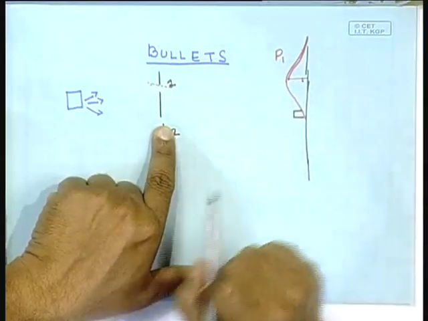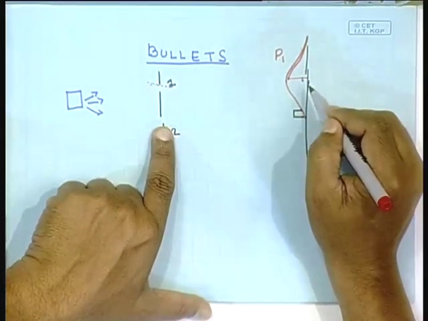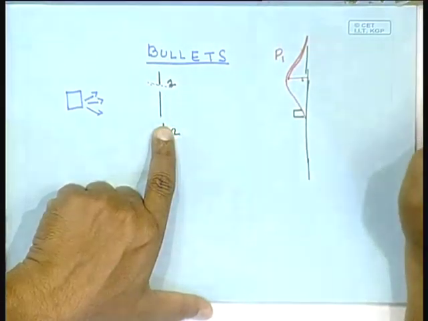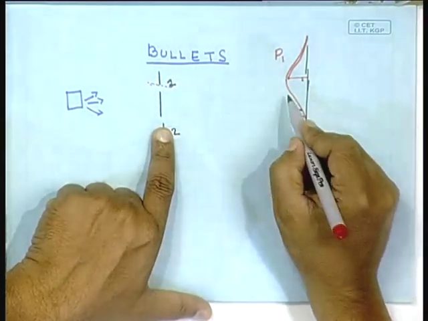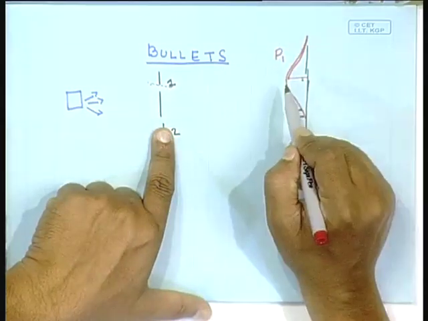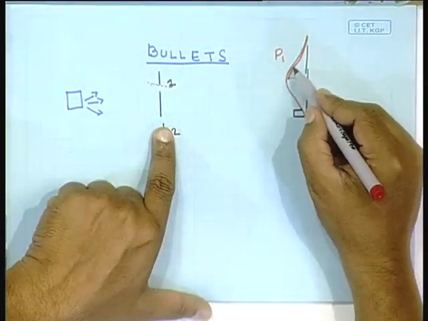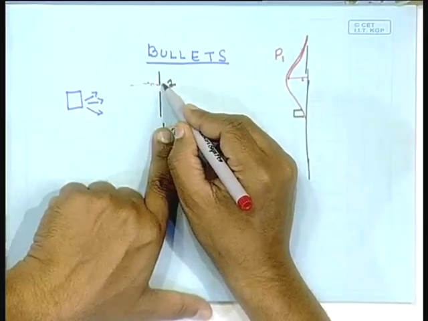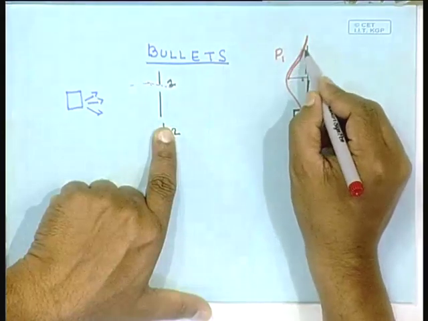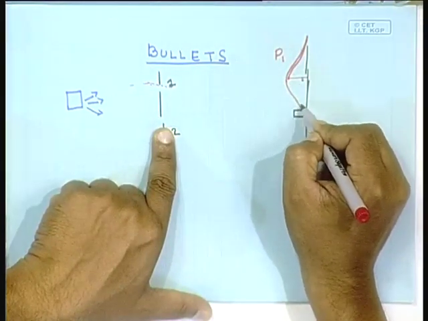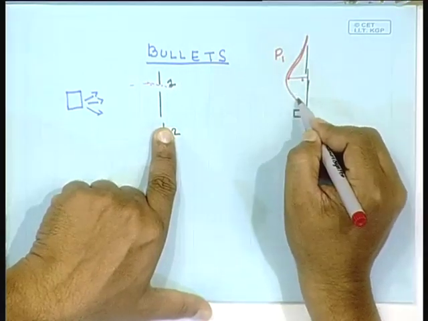P1 is the probability that the bullet arrives at any point on this screen through slit 1, and this is expected to have a maxima somewhere just behind slit 1, and there is going to be a spread because the bullets may not be exactly in this direction, the bullets may be in other directions also, and because of this there will be a spread in the bullets on the screen, and the probability is expected to have a pattern which looks like this.